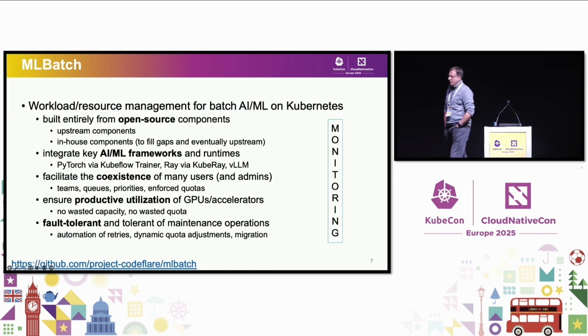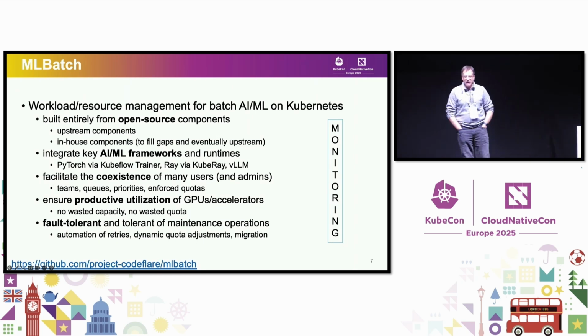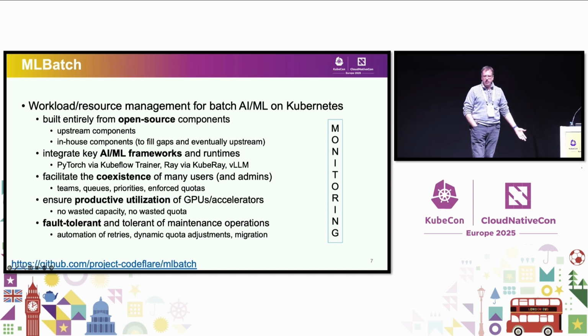So what is the goal of our stack, again, at a high level? It's to manage workloads and resources on Kubernetes clusters for AI. It has to be open source: the upstream components, the new components, the composition of these components, everything. I'll repeat that multiple times throughout the talk. It has to integrate key AI/ML frameworks.